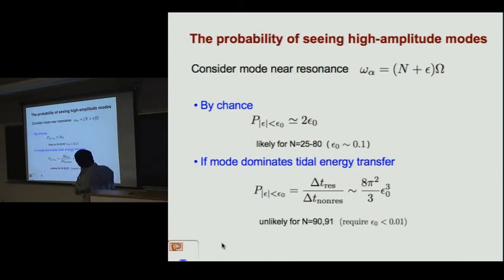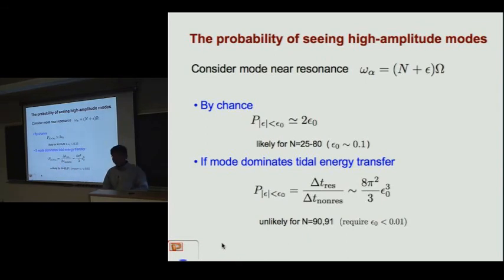Let's consider a mode very near a resonance, so the intrinsic mode frequency equals n plus epsilon times the orbital frequency. By chance, if you just rely on coincidence, then the probability that this epsilon is less than some number, say 10%, is roughly twice that, so 20% for a given mode.